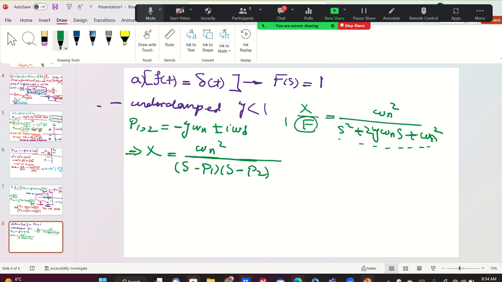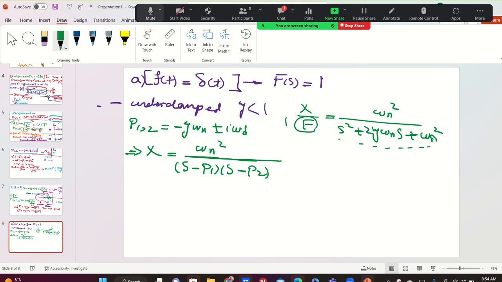That's right? Second order system. We know the poles. Everybody understand? Yeah, let me put minus because I don't want to change the signs. That's right. We can write like this.